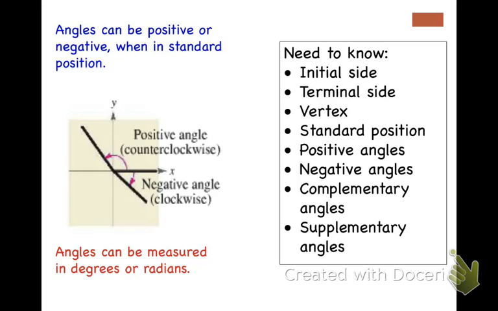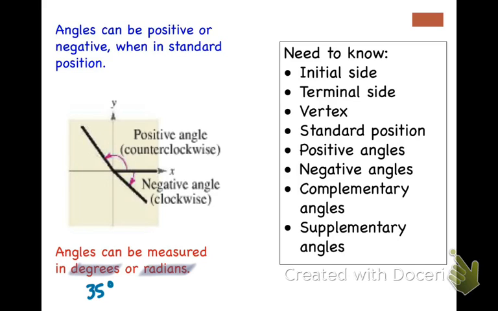Angles in college algebra, just like they were in Algebra 2, can be measured in either degrees or in radians. And so we're going to convert back and forth between the two. Remember, degrees, when we write them, are always going to have that little degree symbol, so 35 degrees.